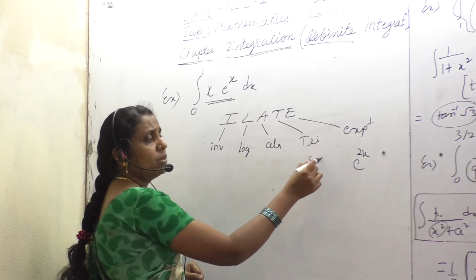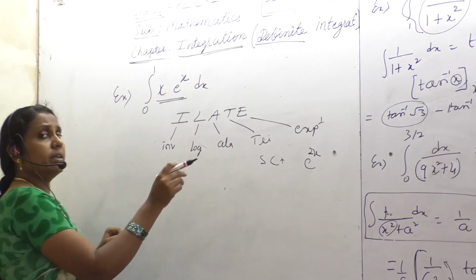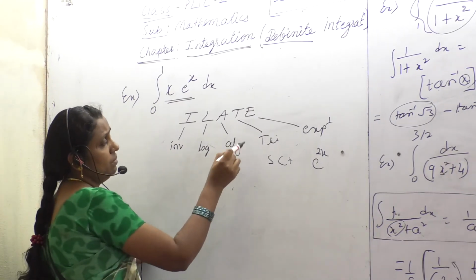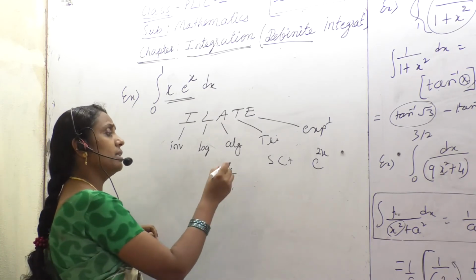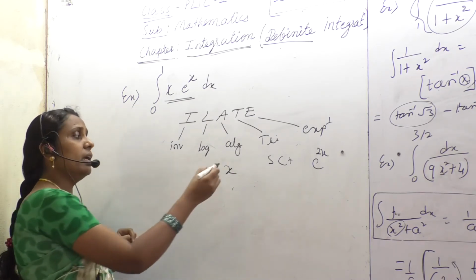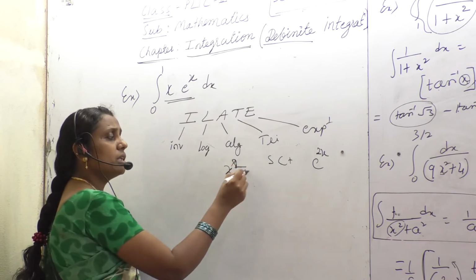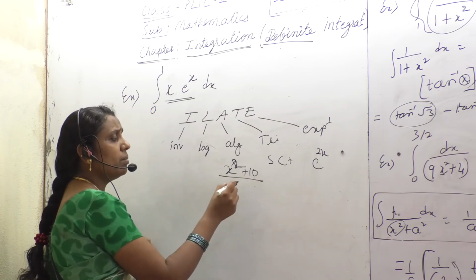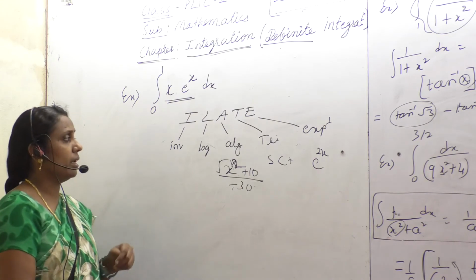Trigonometric means sine, cos, tan, secant square, cosec, cosec square, like that. Algebraic means anything in terms of x, not only x, it can be x raised to any degree: x raised to half, x raised to 2, x raised to 3, root x, anything like that.